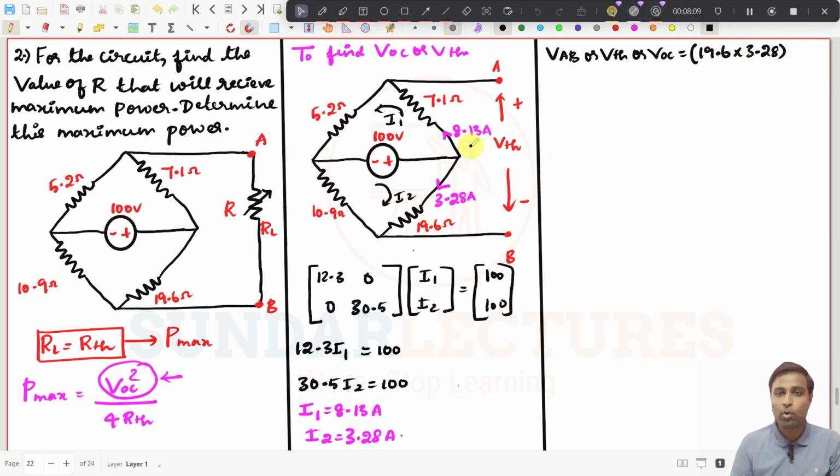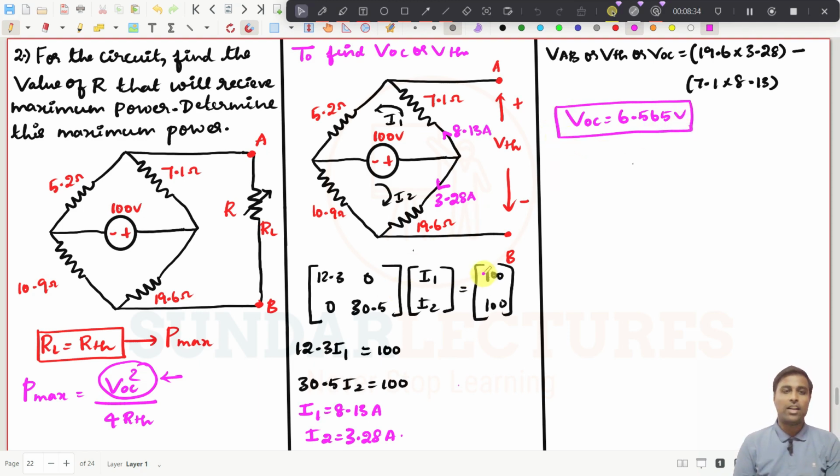Then I am going in the same direction as this current, so this will be minus 7.1 into 8.13. If I simplify this, VOC should be equal to 6.565 volts, or maybe VTH. I'm not going to write it down anyhow. So this is the value of VOC.